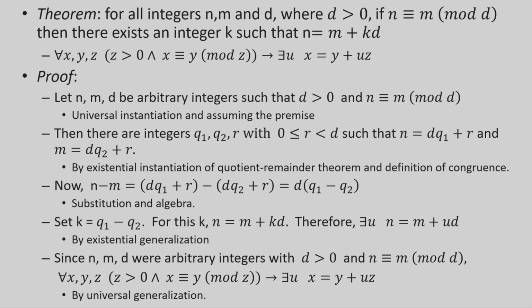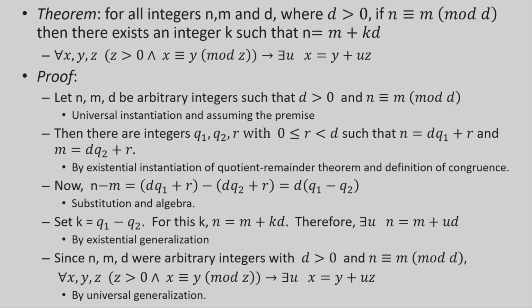We know the thing is true, so we might as well just assume from the beginning that z is greater than 0 and x is congruent to y mod z. And we assume it for the specific numbers n, m, d that are names of those variables by universal instantiation.